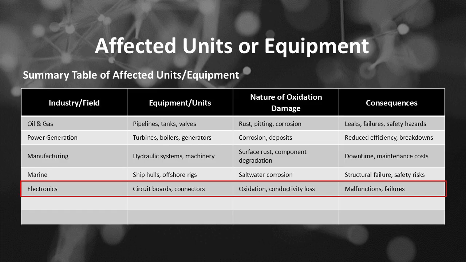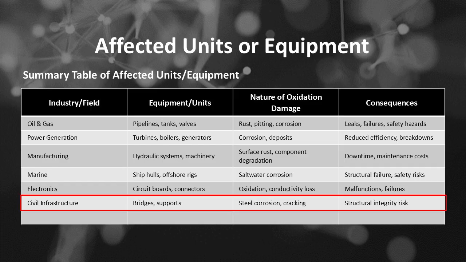If the industry or field is electronics, then the equipment or units are circuit boards and connectors, the nature of oxidation damage that will occur is oxidation and conductivity loss, and the consequences are malfunctions and failures.